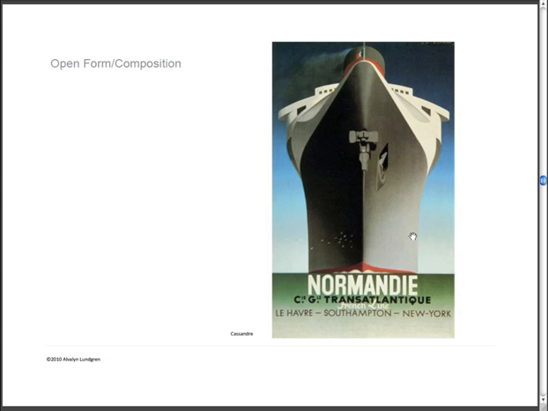The word Normandy is actually on an implied line and justified with the width of the ship itself. But we have a real strong sense of volume up here, and the open form, the fact that things basically bleed off, the sky bleeds off, the water line bleeds off, and everything. So this is an open form or open composition design.